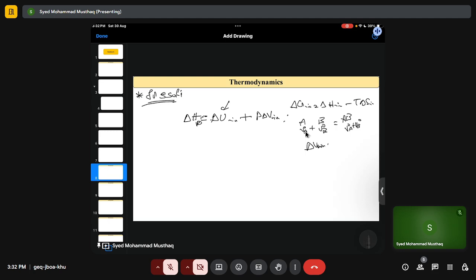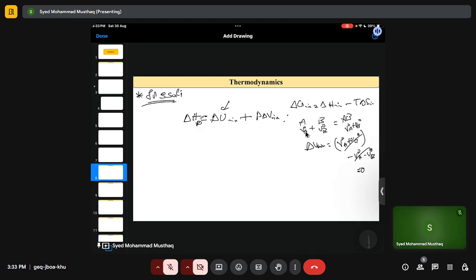Delta V mix is V naught A plus V naught B minus V naught A minus V naught B. If it is just like this, then these will get cancelled. Delta V mix will be 0.